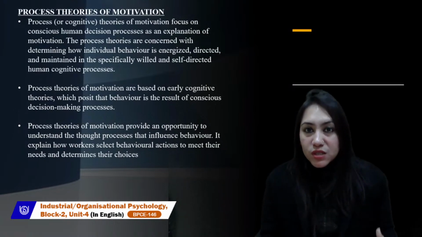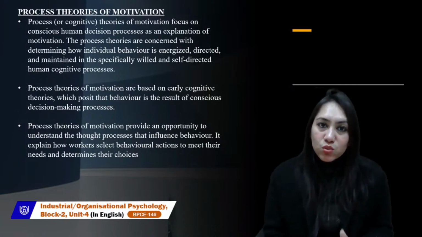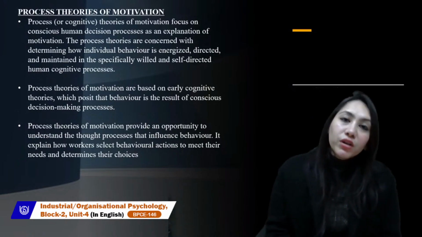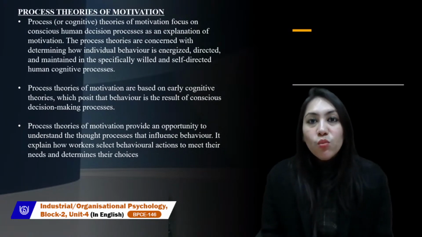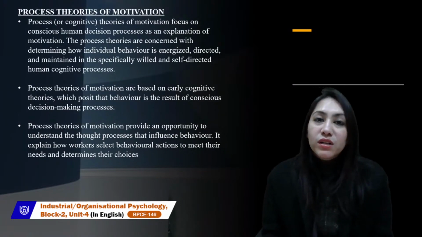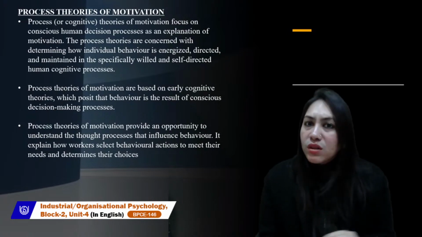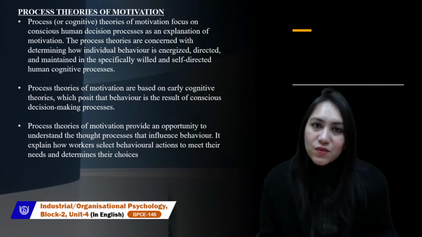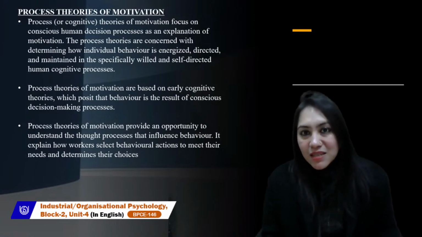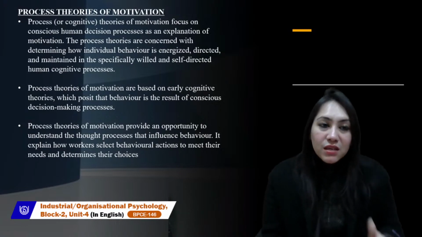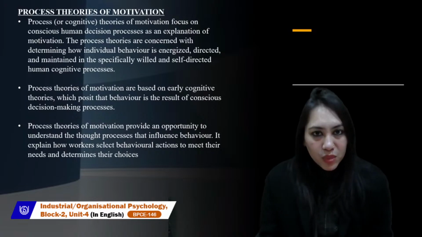So all the cognitive processes are the focus. Whereas in the content theories, the focus was what your needs are and what need satisfaction you would require. All those theories spoke about satisfaction of needs at a workplace, increasing or decreasing of needs. Here it's more like a cognitive thought.